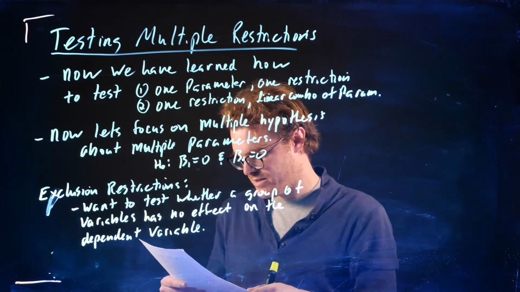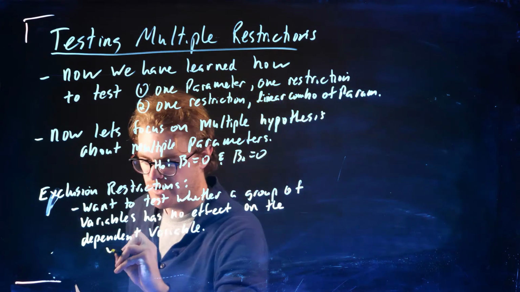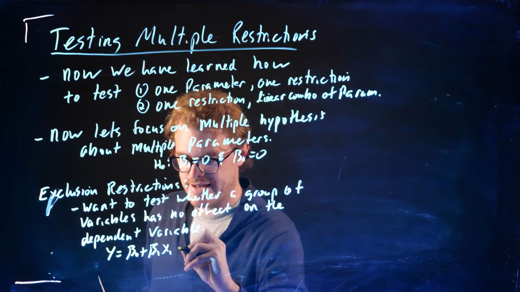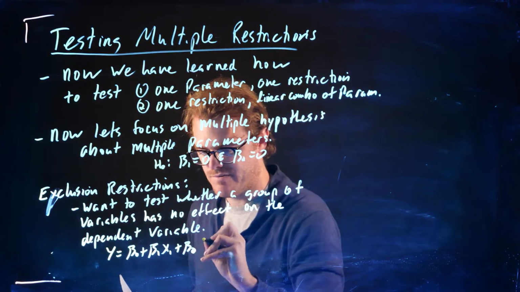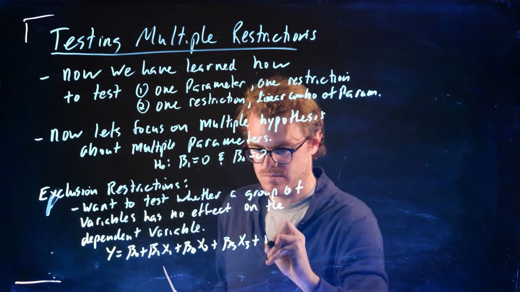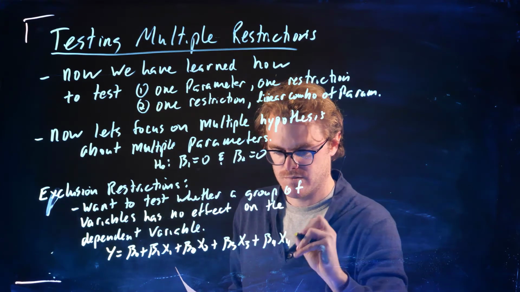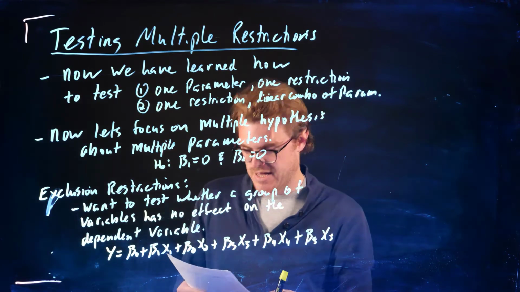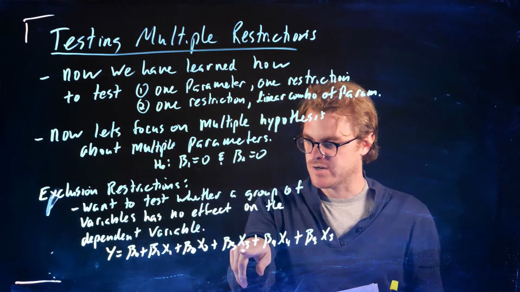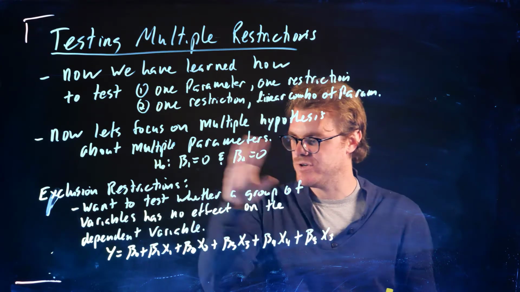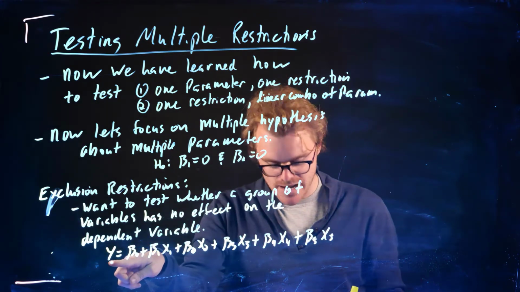For instance, let's say we have a regression with 5 x's, or 5 independent variables. And let's say we want to test whether x3, x4, and x5 have no effect on y.